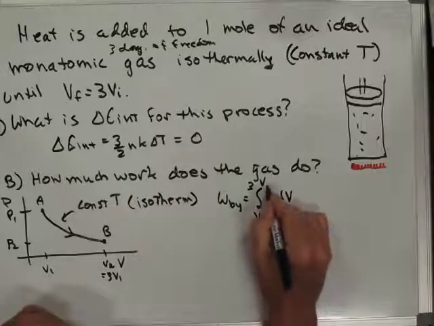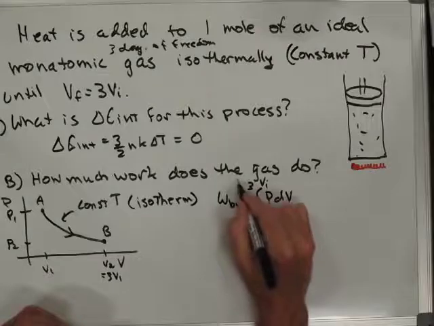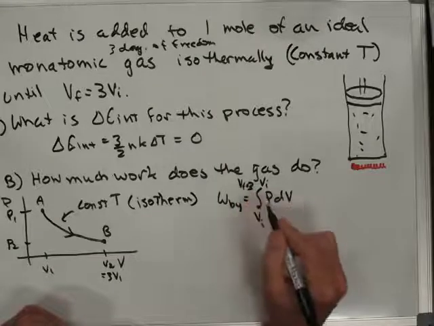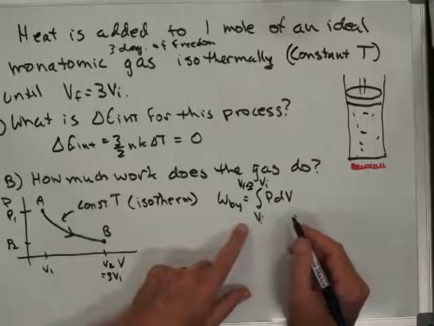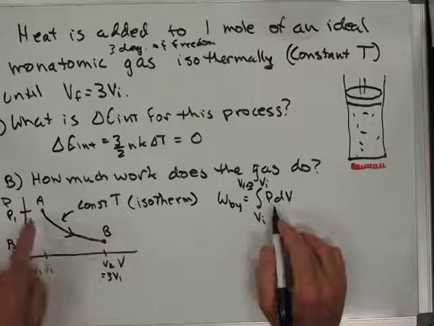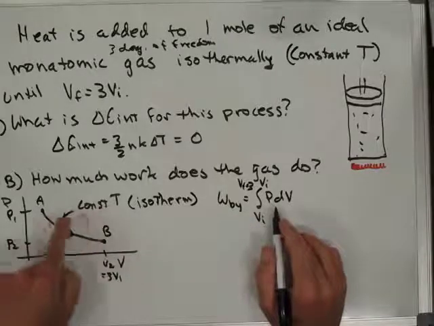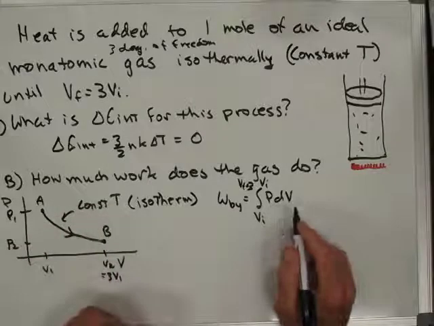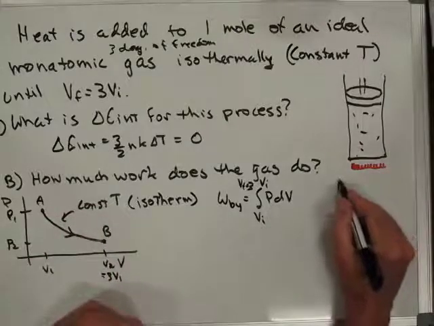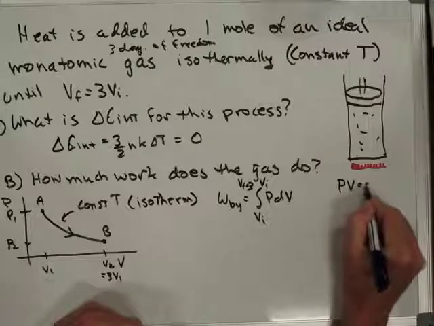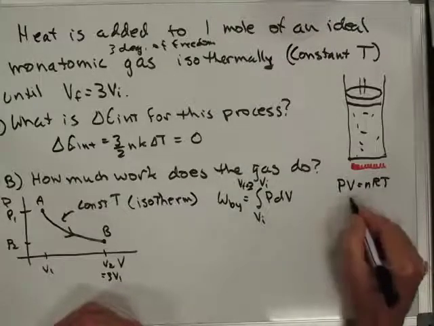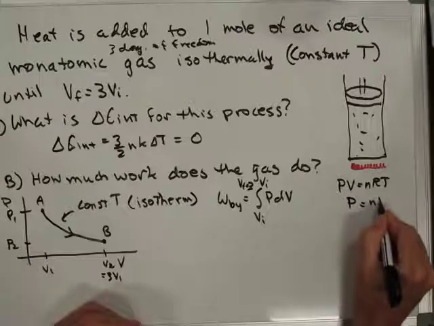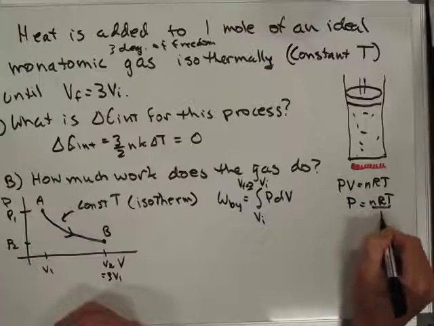And so this is a complicated problem because no more do I have a constant volume or a constant pressure here, right? But what I know is that the temperature is constant. So if I take the ideal gas law and write PV equals nRT, this side is constant, so then P is equal to nRT over the volume.